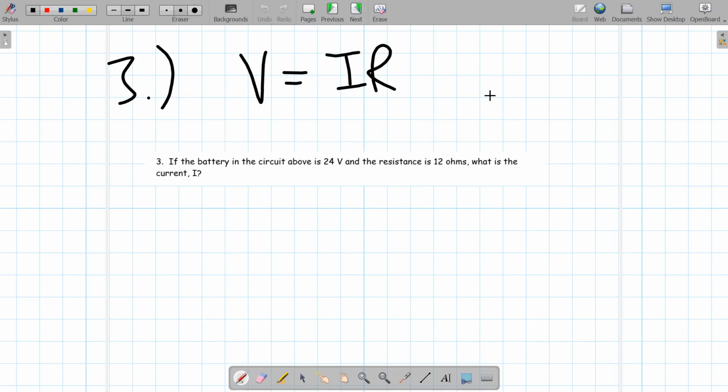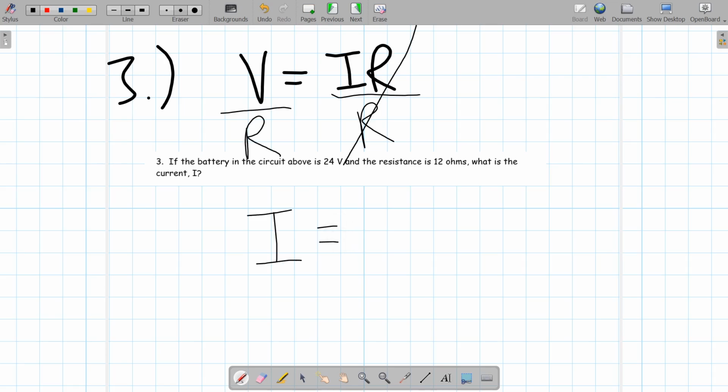Moving on to number 3. Number 3 says if the voltage in the circuit above is 24 volts and the resistance is 12 ohms, what is the value of the current? So basically in this equation here, we got to get I by itself. In order to do that, we have to divide this equation by R. And the reason why is because when we divide, the R's will cancel. And remember, what we do to our right-hand side of the equation, we have to do to the left-hand side of the equation. And so we're just left with this.